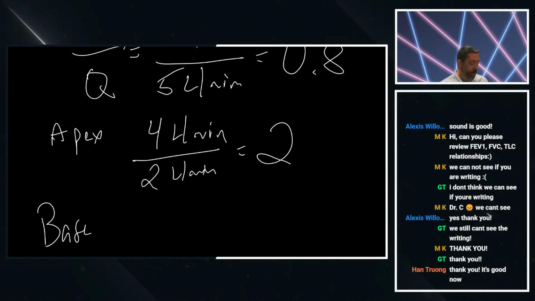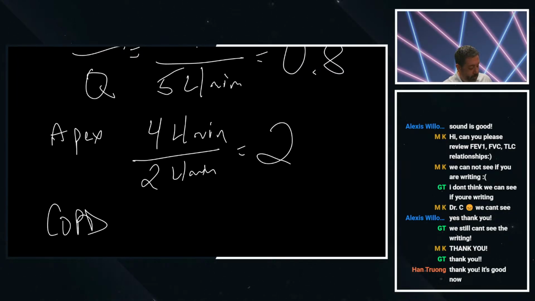Now at the base, everything goes back to normal. But let's say now, let me erase this. Now let's say the person has a pulmonary embolism, which is going to be going up higher and higher. No, I'm sorry. Let's go back to that one. Let's go to COPD, because that'd be the same exact example. COPD. Now we have a ventilation problem.